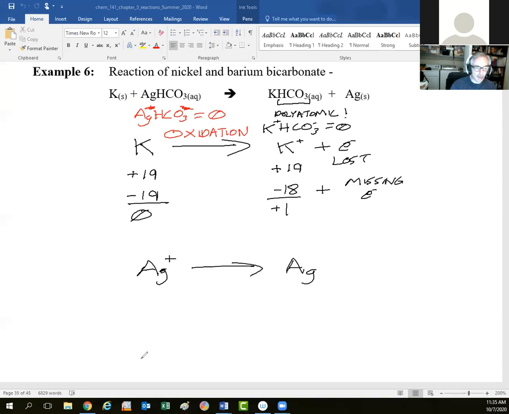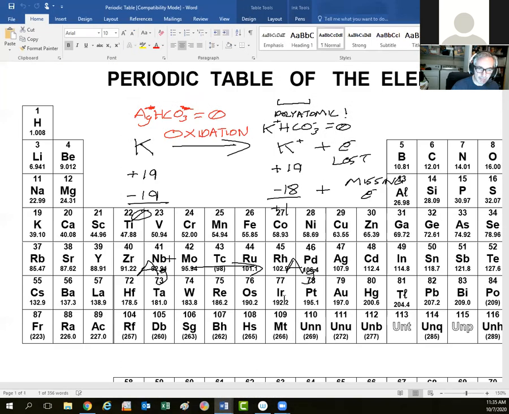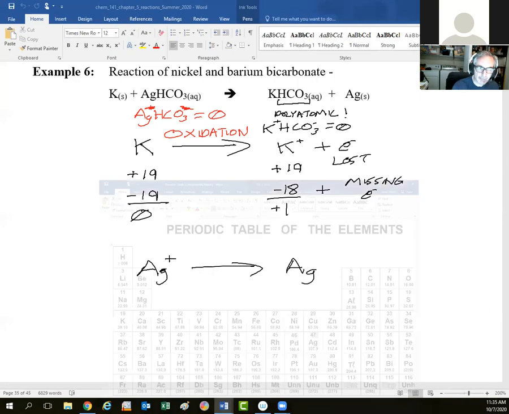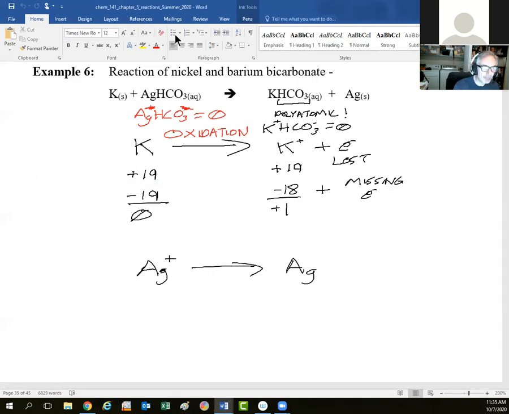Again, looking at the atomic number, did we say 47 for silver? I'm just going to check because I'm paranoid. Yep, 47 for silver. 47 positively charged protons. And with that +1 charge, the math tells us that there must be just 46 electrons.